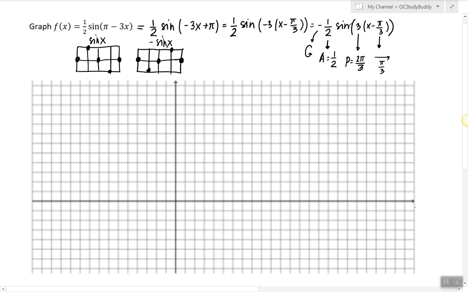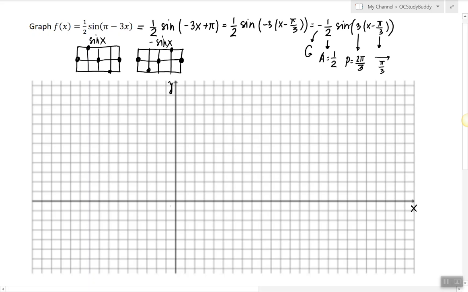So to start, we're going to first take what used to be the origin and move it according to the linear shifts. So in this case, pi over 3 to the right. To move it pi over 3 to the right, I'm going to introduce a scale.